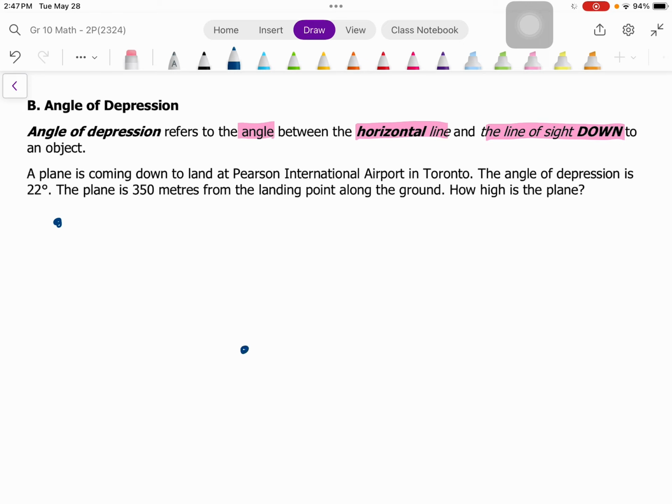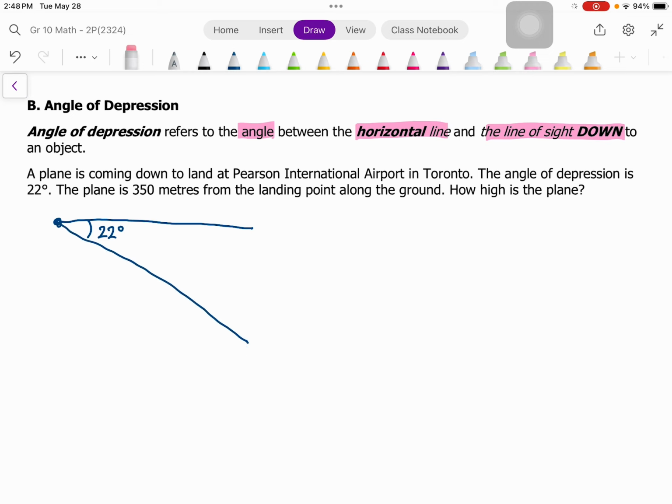The angle of depression that is created is 22 degrees. So from a horizontal line straight out, the angle of depression, so down, is 22 degrees, and that is a line then to the ground here.